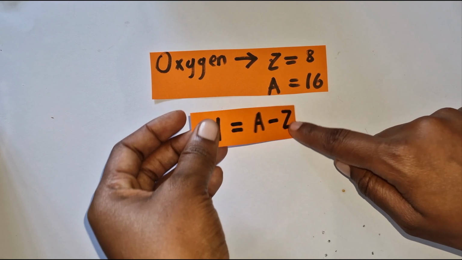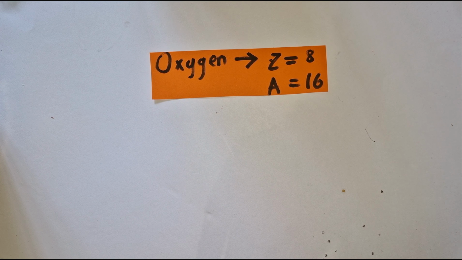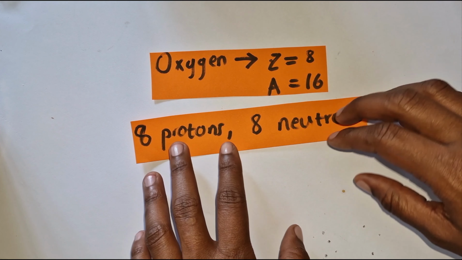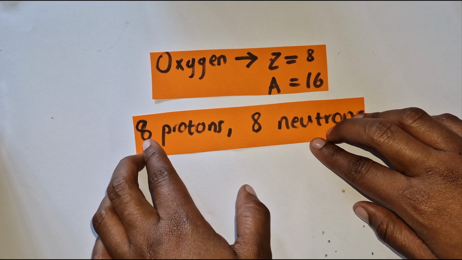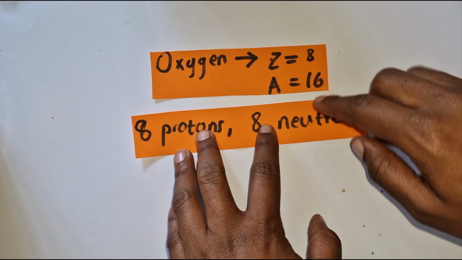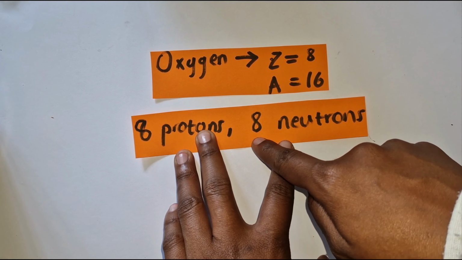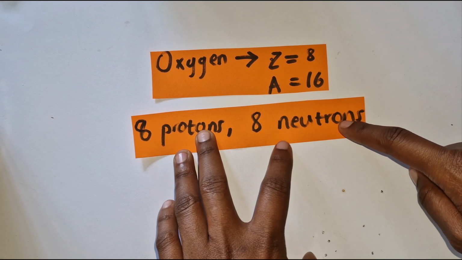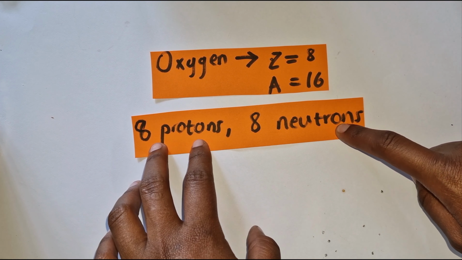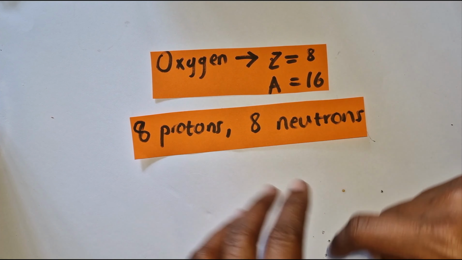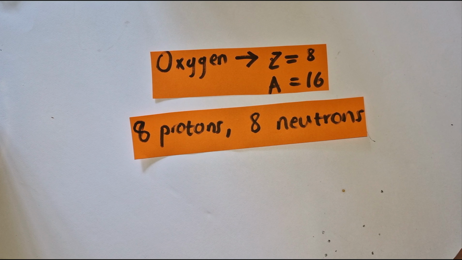How much is 16 minus 8? So we had said earlier that the oxygen atom has 8 protons. 16 minus 8 will give us 8 neutrons. So this oxygen has 8 protons and 8 neutrons in its nucleus.